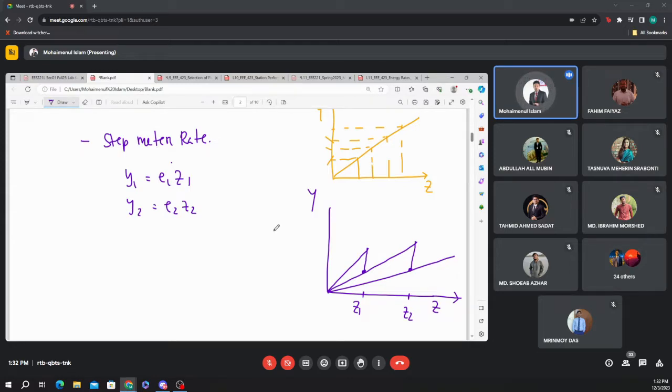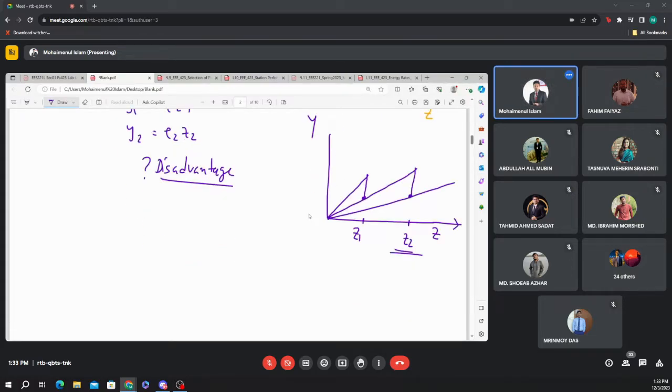And if you consider this step meter, there are also disadvantages. So what is the disadvantage of using a step meter rate? If you consider Z1 and Z2 consumers, suppose you are talking about a Z2 consumer. First he needs to consume Z1.